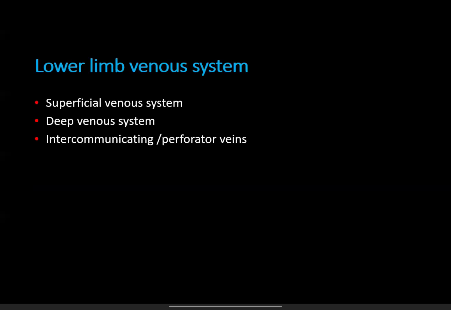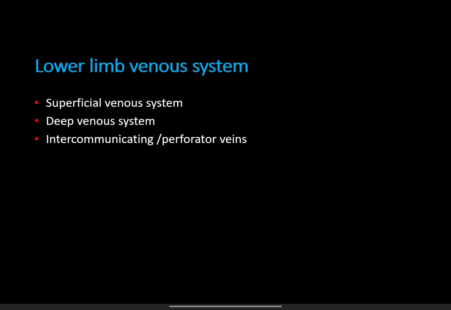So as we all know, the lower limb venous system includes basically the superficial venous system, which is lying or spread around within the superficial fascia and superficial planes and drains most of the part.